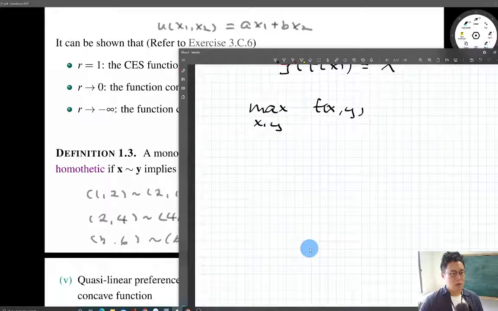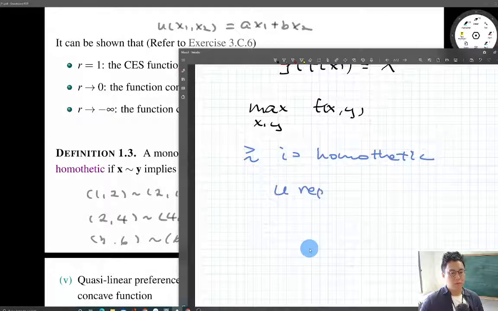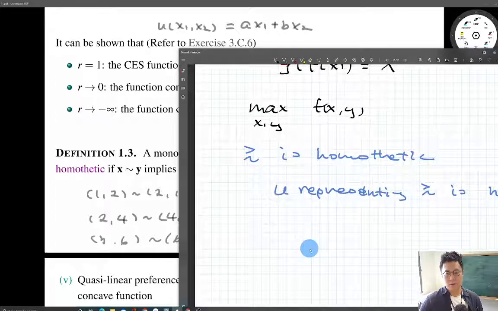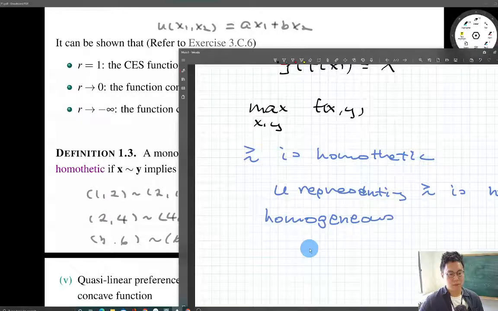Okay, so if this is homothetic, then U representing this preference relation is homogeneous of degree 1.